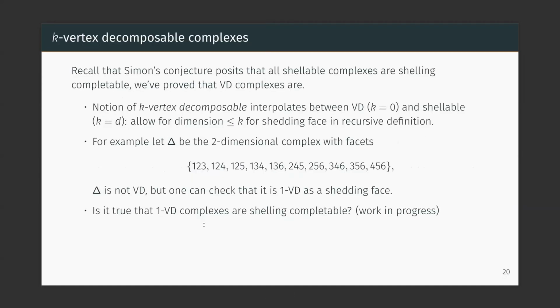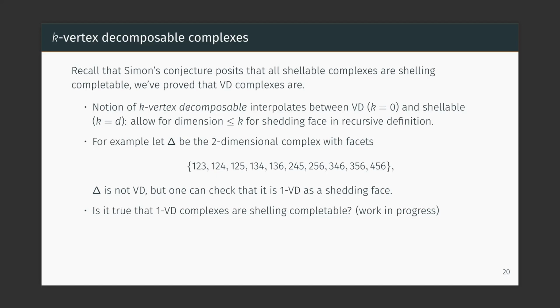My last slide is, again, let me just remind you that Simon's conjecture says that all shellable complexes are Schelling completable. We prove that vertex decomposable complexes are Schelling completable. It turns out there's a family of complexes in between. They're called K-vertex decomposable.